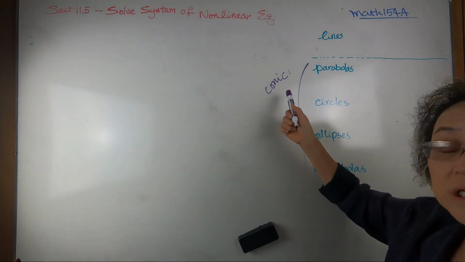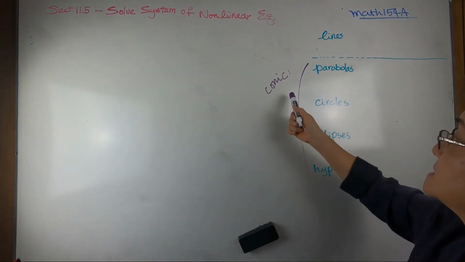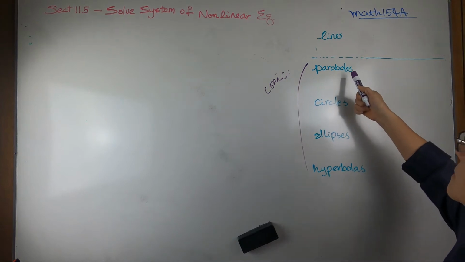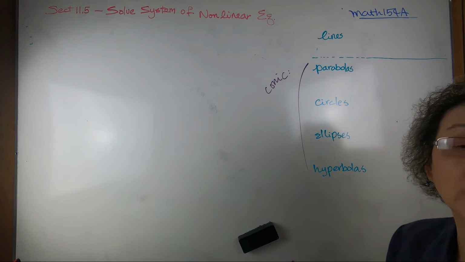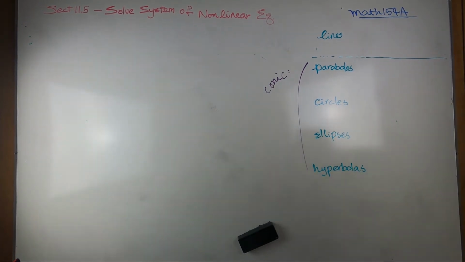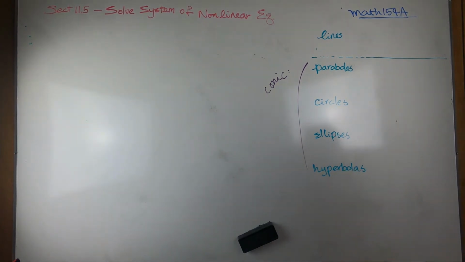That's the first thing we are learning in this class. The conic system includes parabolas, circles, ellipses, and hyperbolas. And the second thing was log. Remember that?